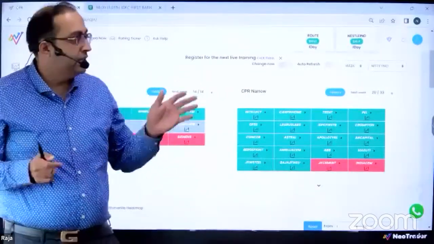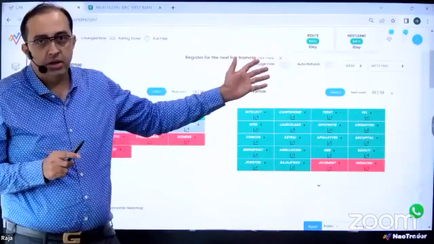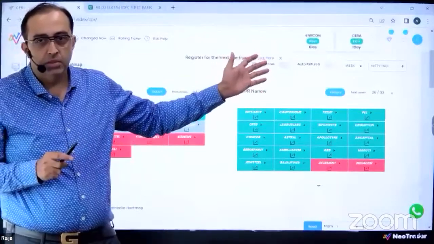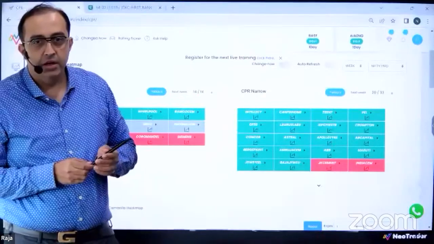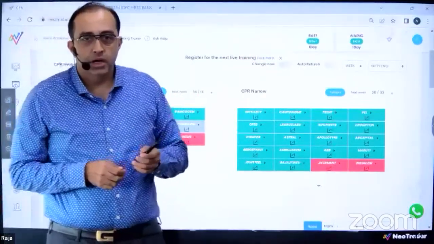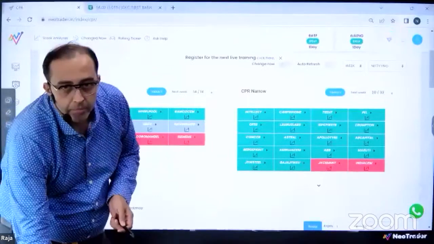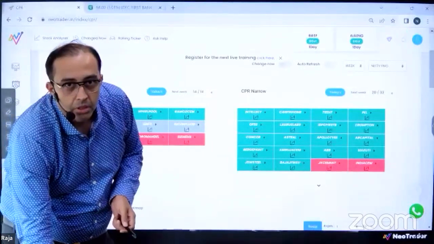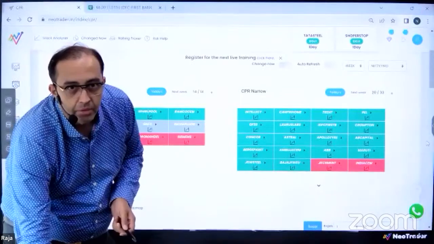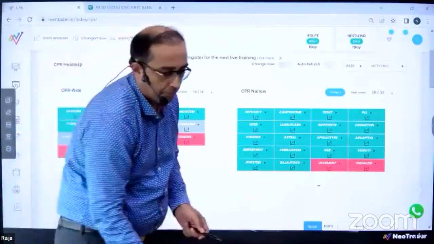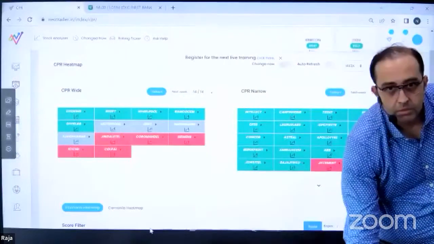Yeah, this is a browser, so I cannot change the background. Just hold on a moment, let me see if I can reduce the lighting here. Okay, your screen is too bright. All right, just a moment.